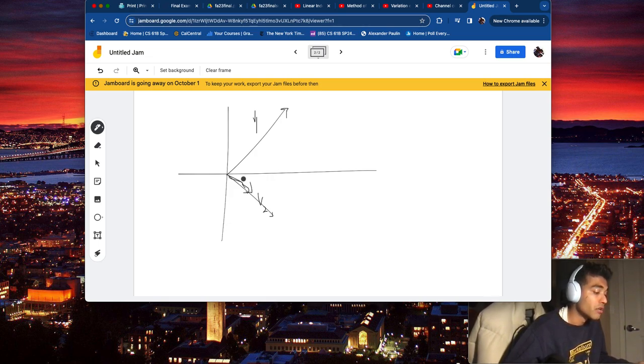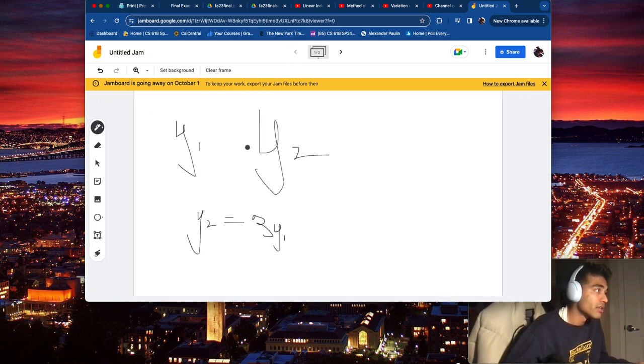Like the function y1 in this case already spans everything that y2 can, because y2 is a scalar multiple of y1. I know it's kind of abstract, but imagine these vectors were functions. So if we're thinking of linear independence in terms of functions, this is the thought process behind it.